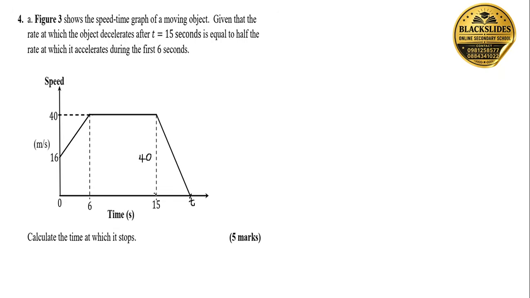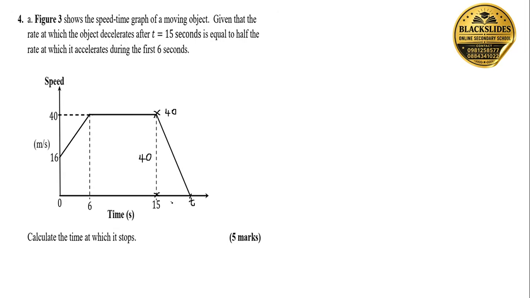We are taking the speed at this point, which is 0, and the speed over there corresponds to 40. So 40 minus 0 is 40.